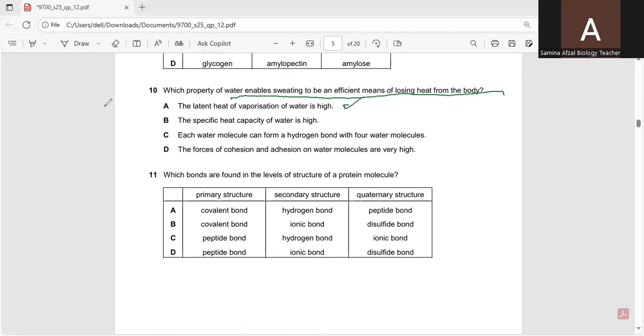The second one is the specific heat capacity. The specific heat capacity allows water to absorb a lot of heat without a significant change in its temperature. So the heat capacity of water is high, but this is not the correct option.